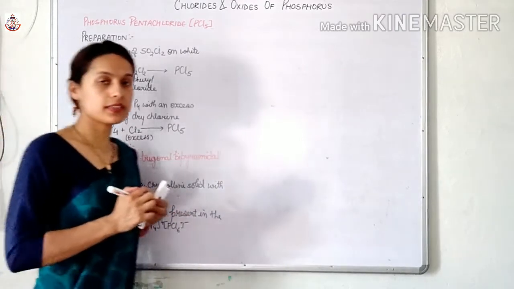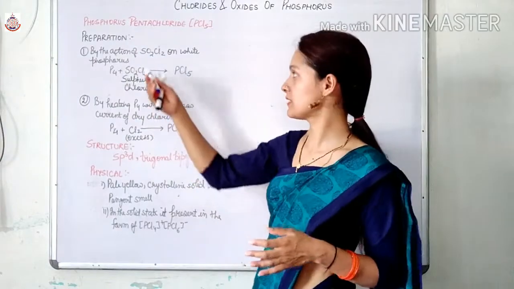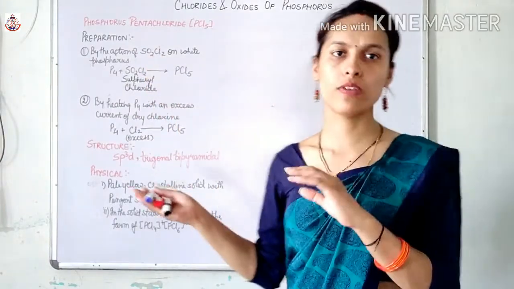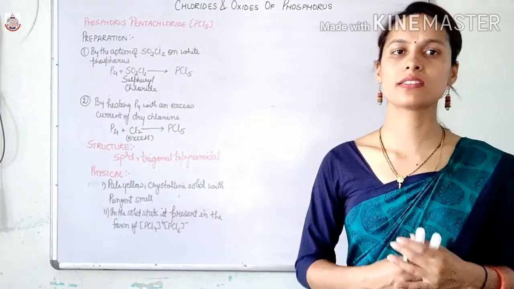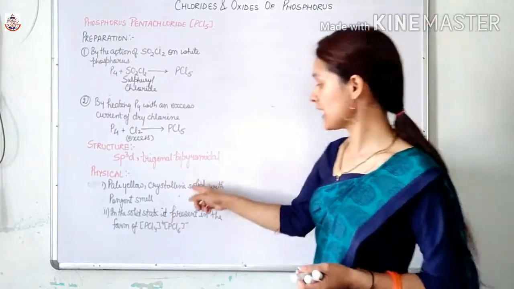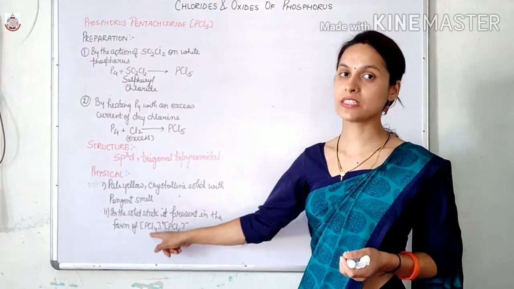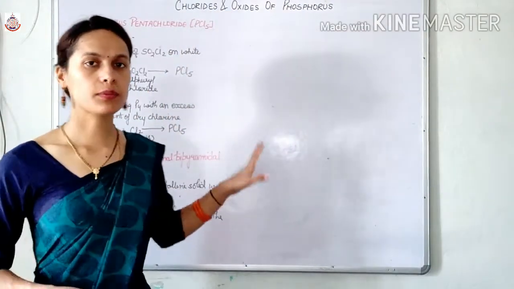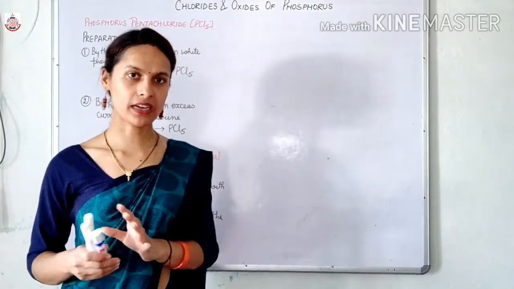In the vapor state, it is present as a covalent PCl5, but in the solid state, it is present as a crystalline solid of PCl4 positive and PCl6 negative. So these are the physical properties of phosphorus pentachloride.